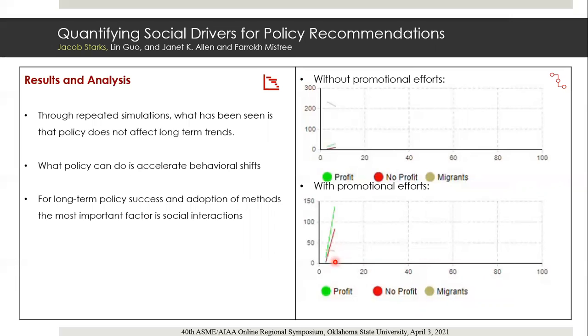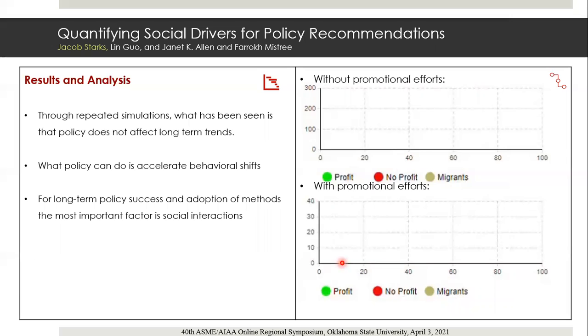However, what we can also infer from this is that long-term policy success and adoption of methods is not itself dependent on the policy, but most importantly are the social interactions and drivers behind those policies. As you can see here, because this is accelerating policies and choices that individuals would naturally make, it is extremely effective.